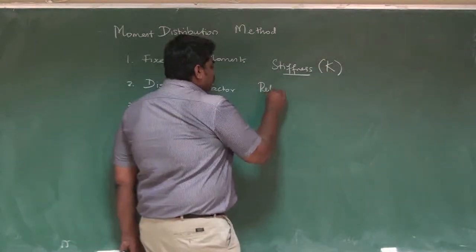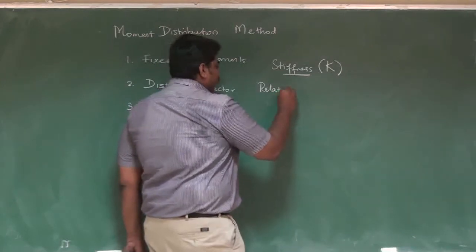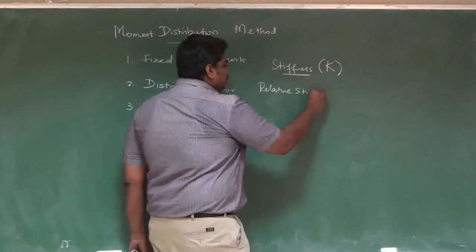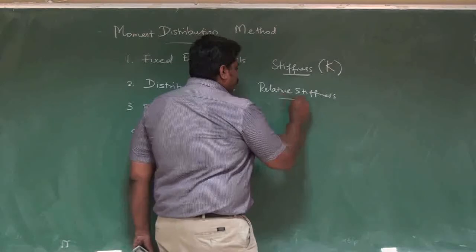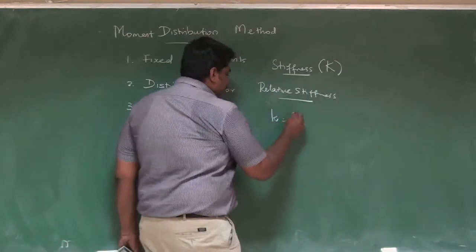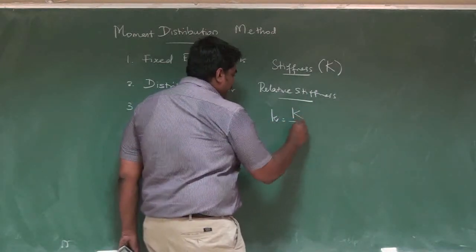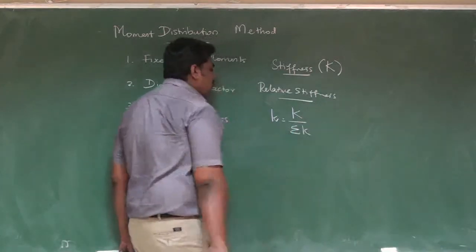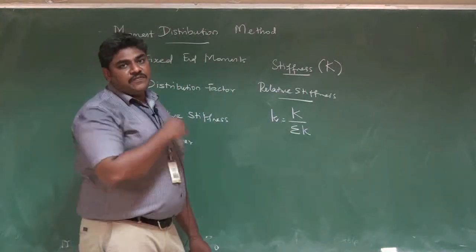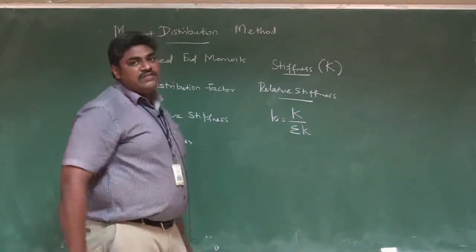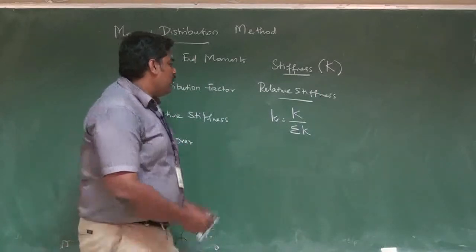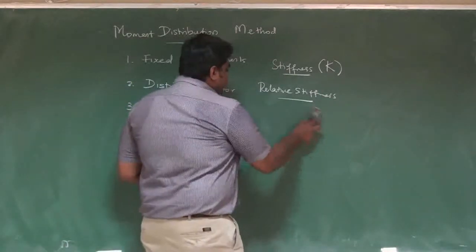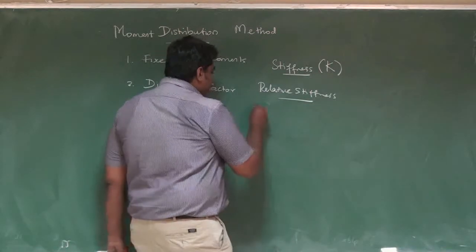One more term you should know is relative stiffness. Relative stiffness is small k, equal to K divided by sigma K, that is, the stiffness of that particular member divided by the algebraic sum of all the stiffnesses in a joint, right? Relative stiffness can be easily determined. There are two cases.